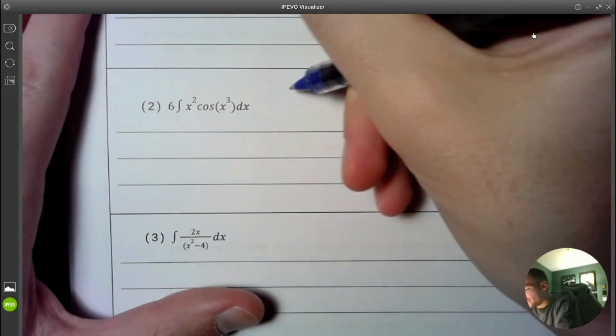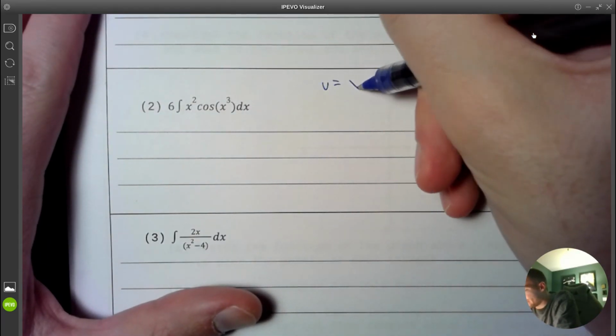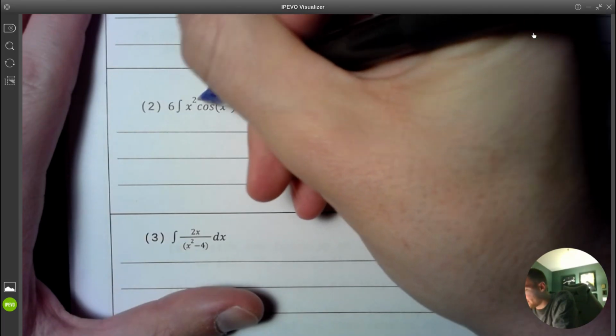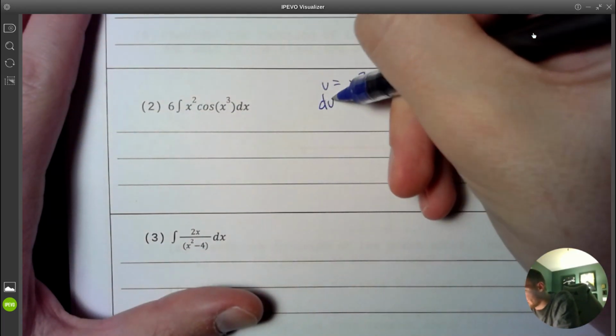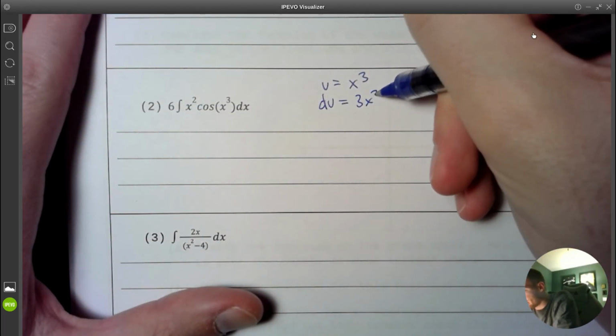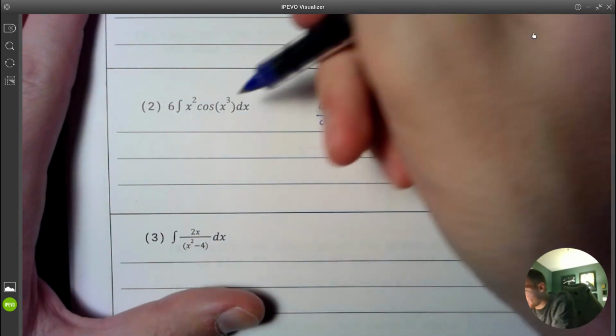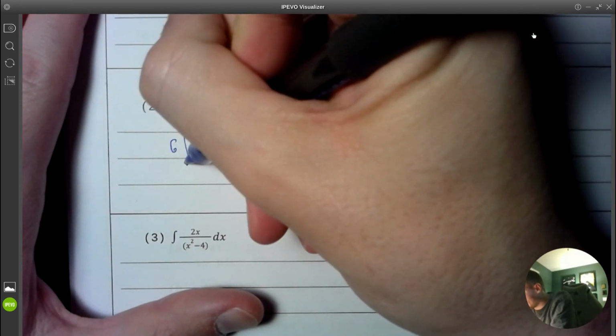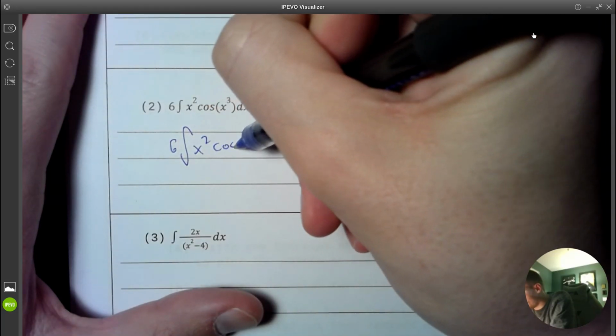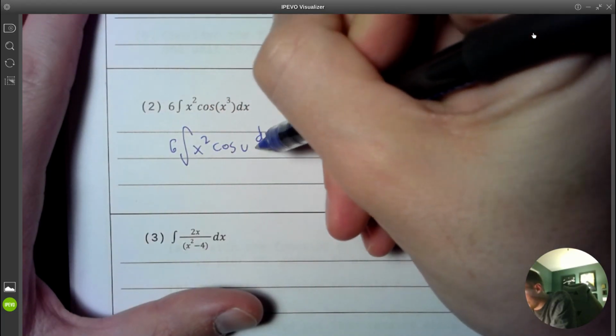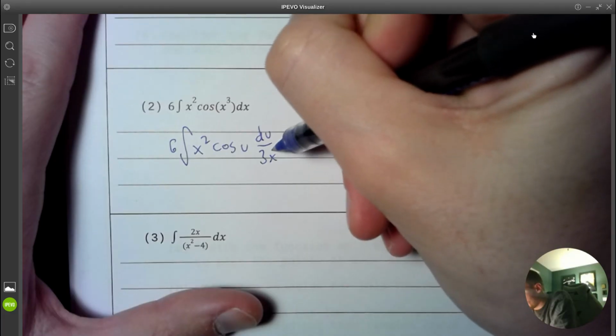I'm thinking U substitution here. I'm seeing that I have an interior function and an exterior function. I'm seeing a pretty solid matchup of those things. These are going to switch up. I'm going to set this up as 6 integral of x squared cosine u du. Those switch, 3x squared.